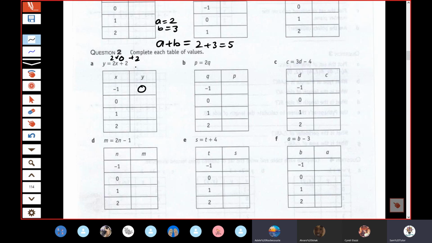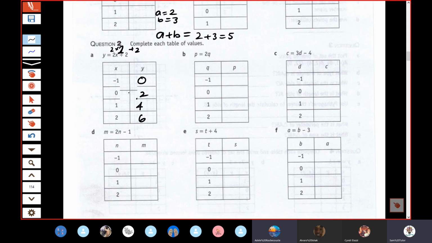So nothing else changes, as you can see, because you're trying to find y. And y is 2 times x plus 2. All right, that would be 2. What would you replace the x for? 1. 1, 2 times 1 plus 2. 4. 2 plus 2 is 4. And then 2 times 2 plus 2 is 6.